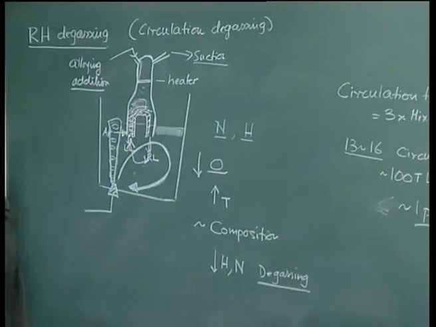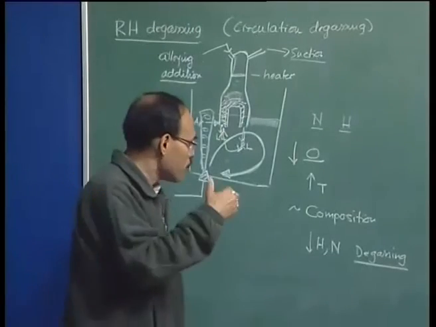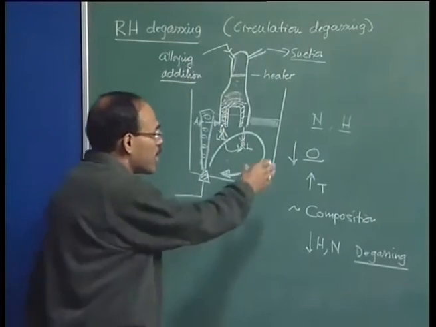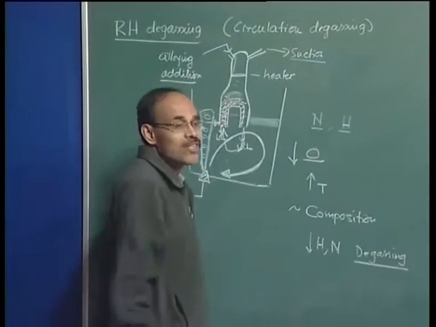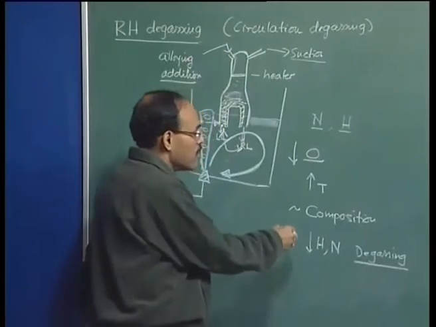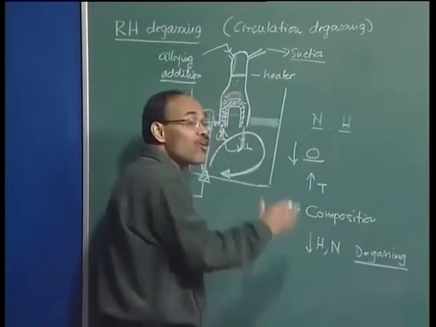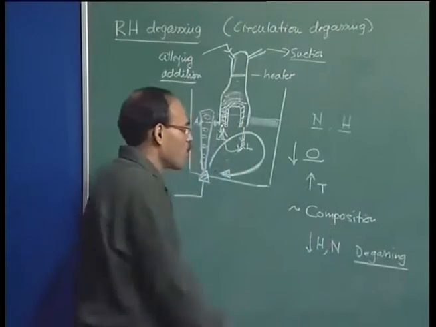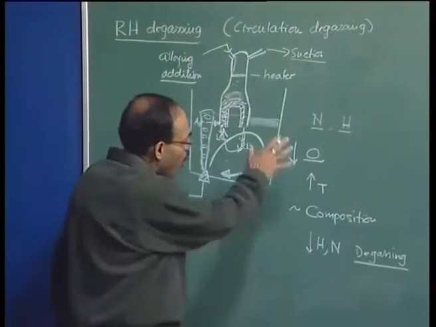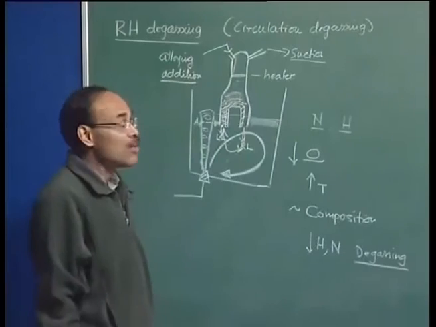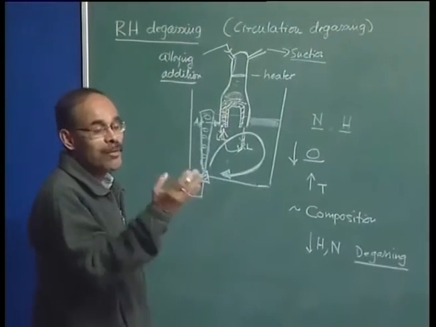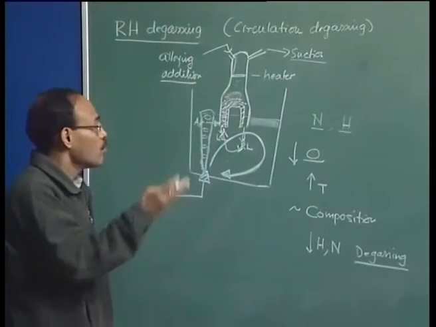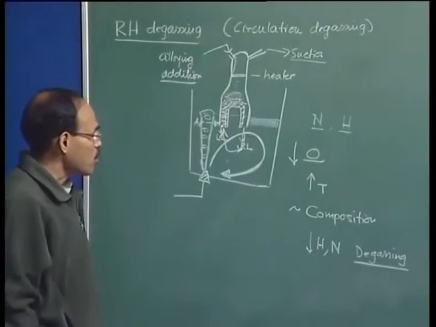So, whatever were the demerits or the problems associated with primary steel making, that the material contained a lot of oxygen because of oxidation refining reactions, that the composition was not right, only the carbon content was right, and that during tapping or transfer operations we had a lot of pickup of hydrogen and nitrogen, all these have been regulated or controlled effectively through inert gas stirring, through the ladle furnace, through the vacuum degassing process.